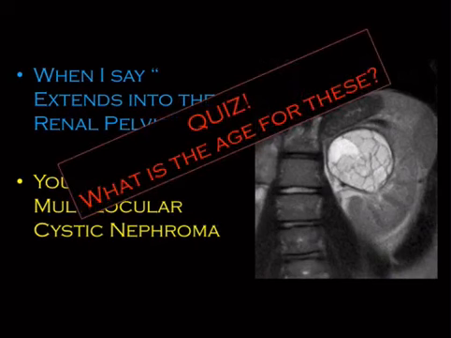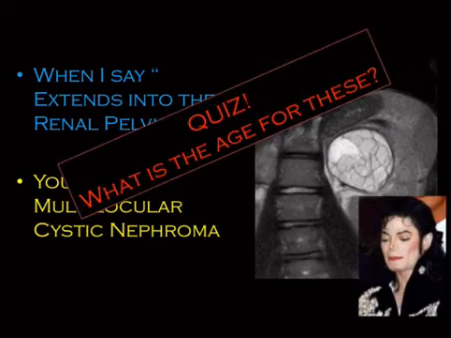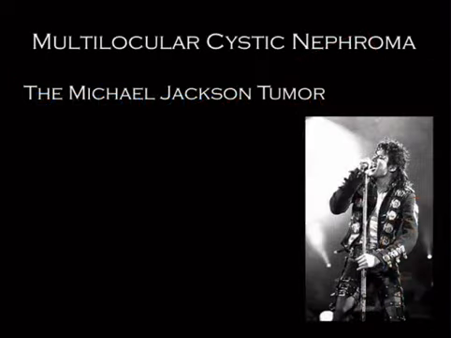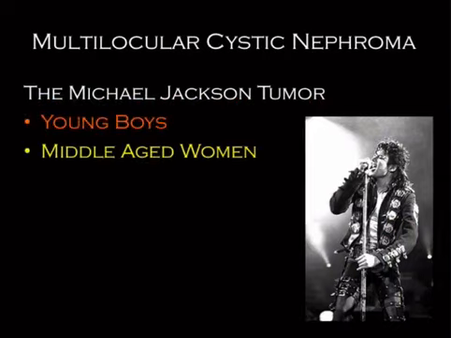What's the typical age for these things? They are the Michael Jackson lesion. Who does Michael Jackson like, or did he like? He liked young boys and middle-aged women. So it's the same epidemiological trivia for multilocular cystic nephromas. M for Michael.